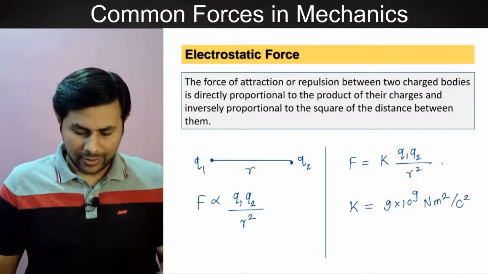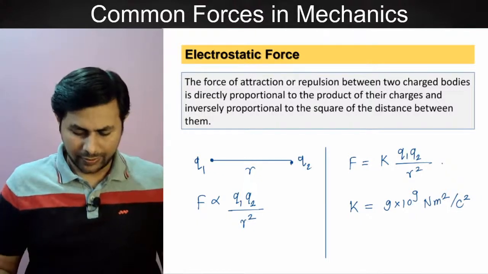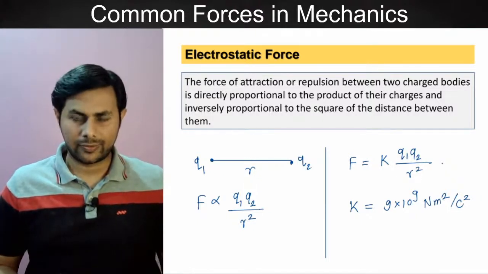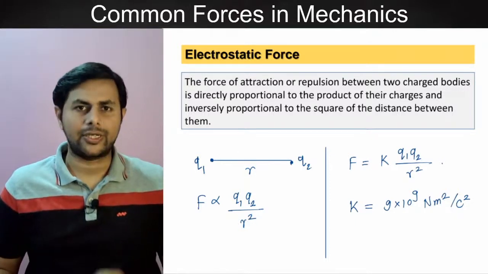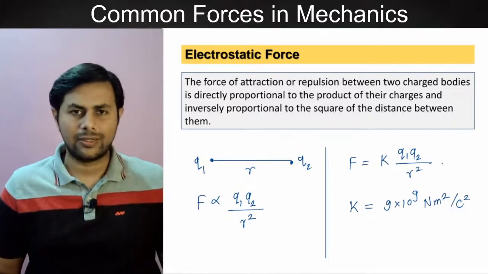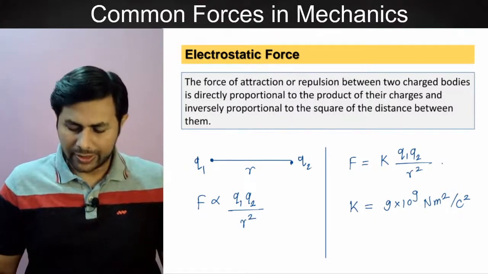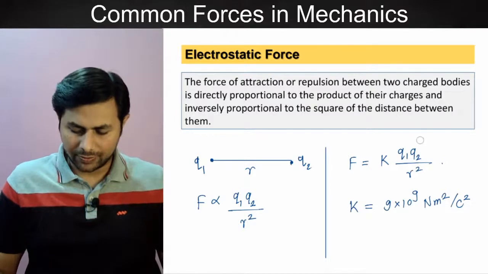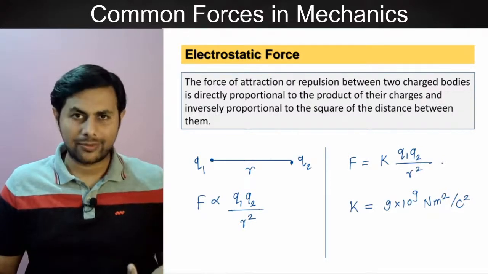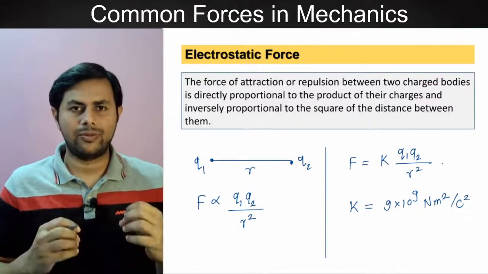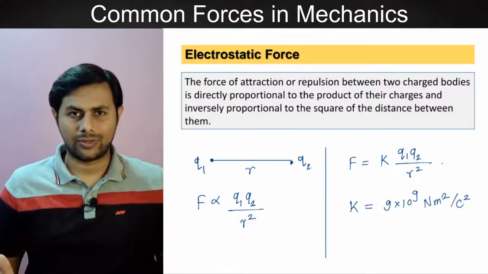Now the direction of this force will be along this line. The attraction or repulsion will take place along this line. If we put in the values of q1 and q2, if both of them are positive or both of them are negative, then the force will be positive, and positive means repulsive force.